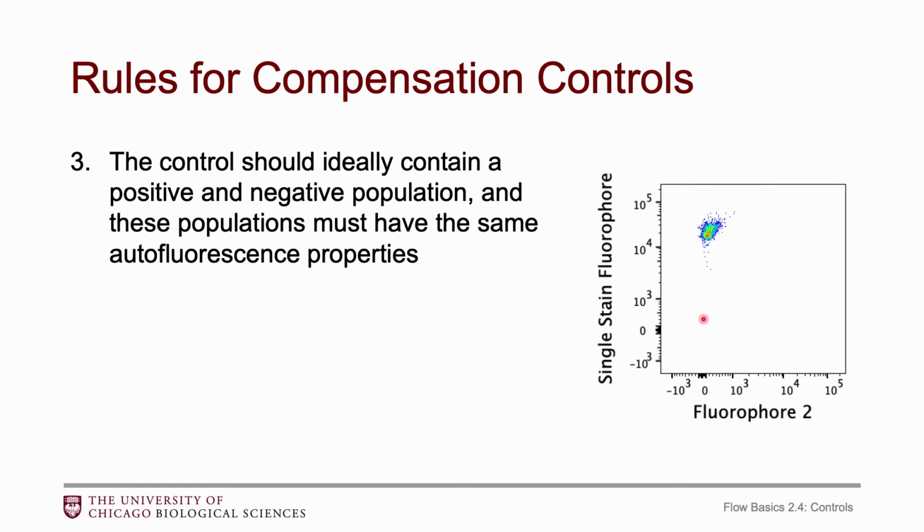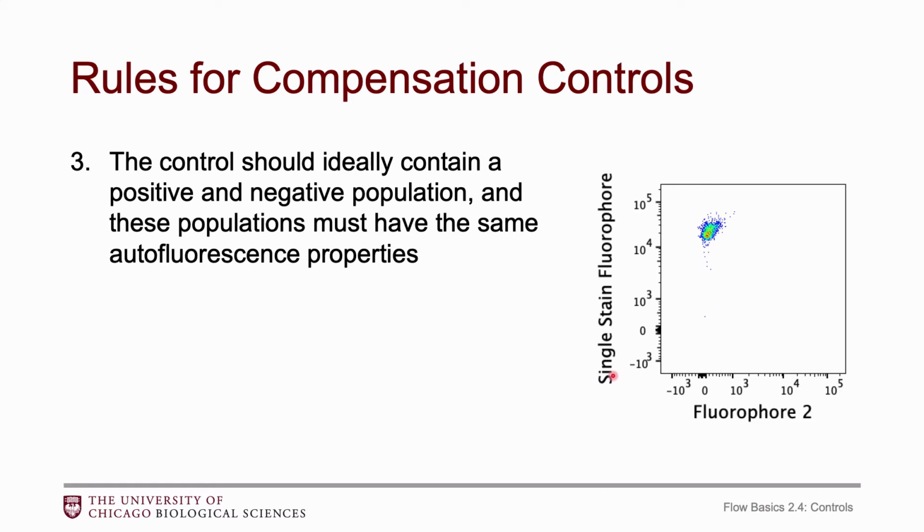If you're using an auto-compensation method, then you can utilize a universal negative, which means that the negative population will be pulled from the unstained tube. And so the computer will be able to calculate that easily, but if you're trying to do it manually, then it's just very challenging to eyeball yourself.